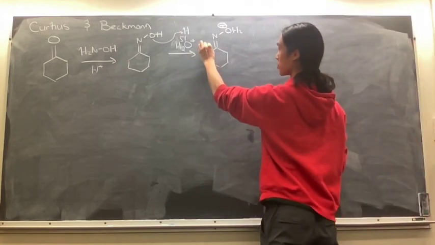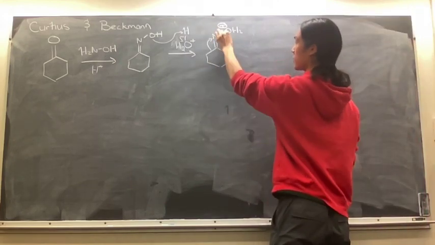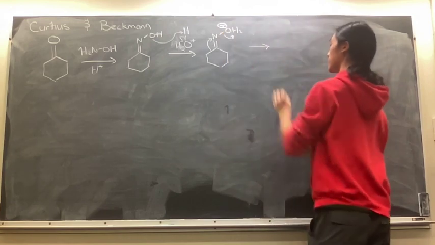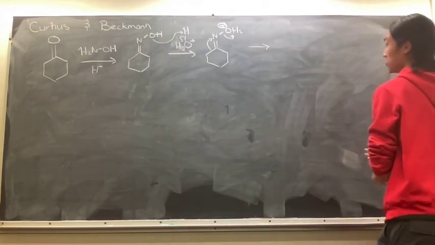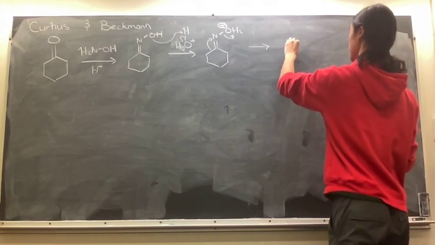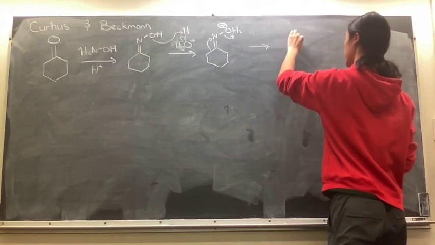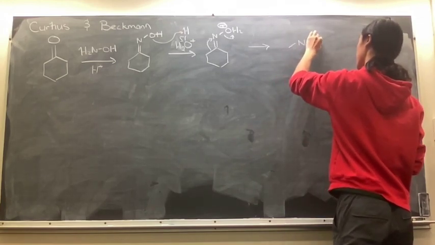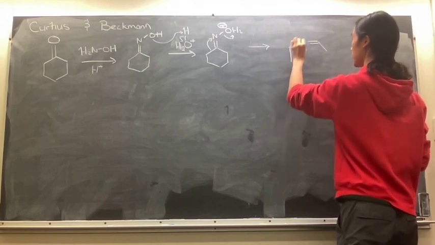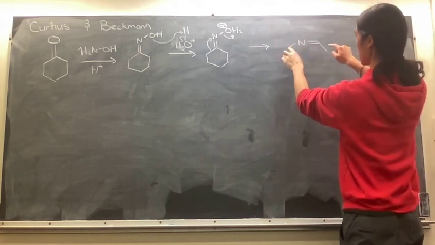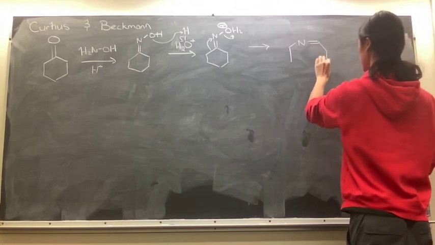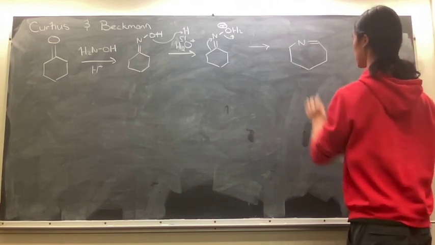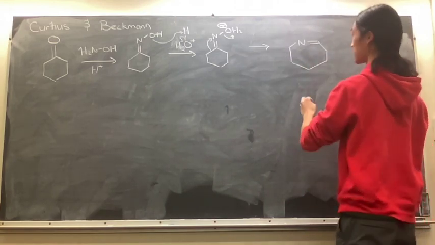But this sigma bond will break, connect to the nitrogen, kick this water off. It doesn't seem particularly favorable, it doesn't seem intuitive, but it is what happens. And we're going to get one, two, three, four, 5, 6, 7, a 7-member ring.